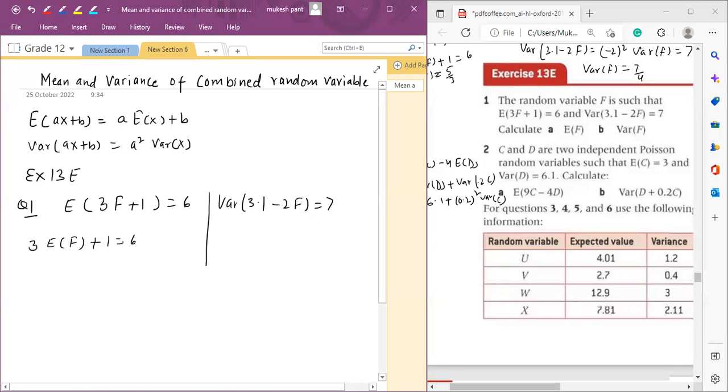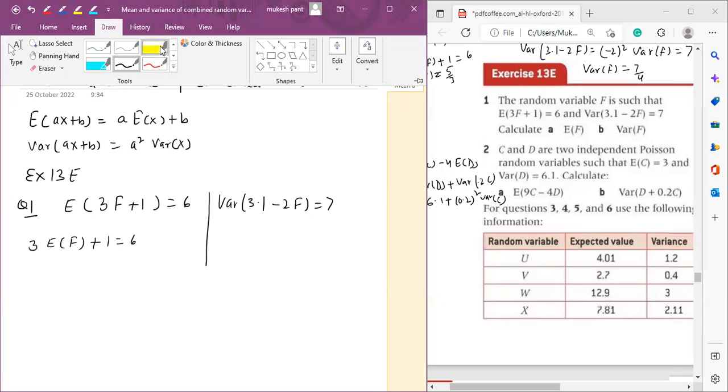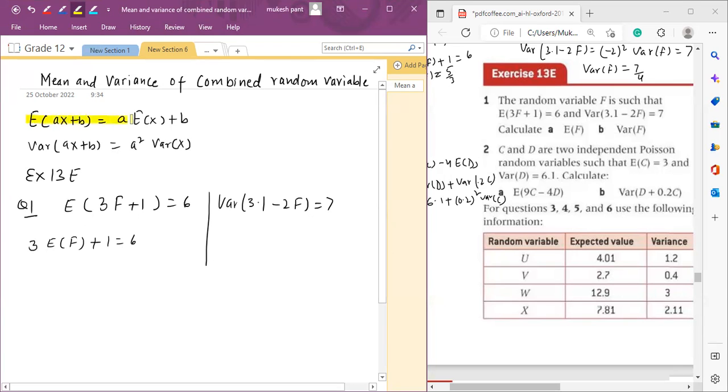The expected value of 3F plus 1 will be 3 times the expected value of F plus 1, equals 6. Understanding, guys? Using this formula for the expected value, it means 3 times the expected value of F, and 6 is already given.